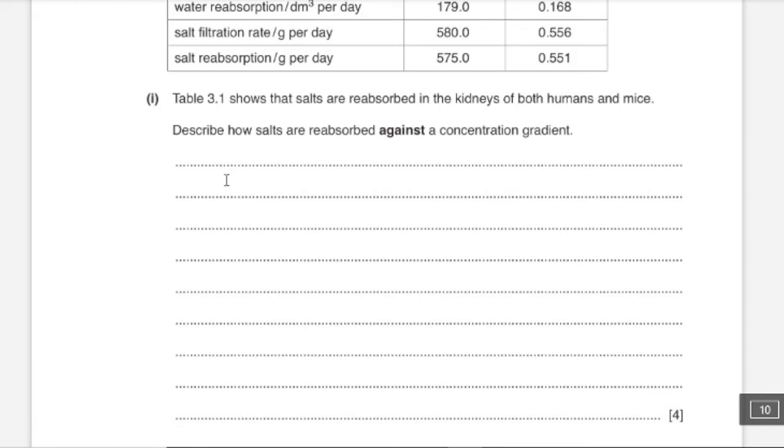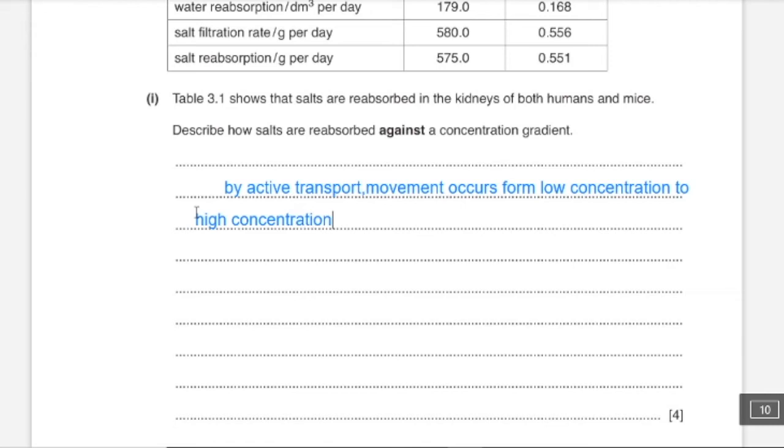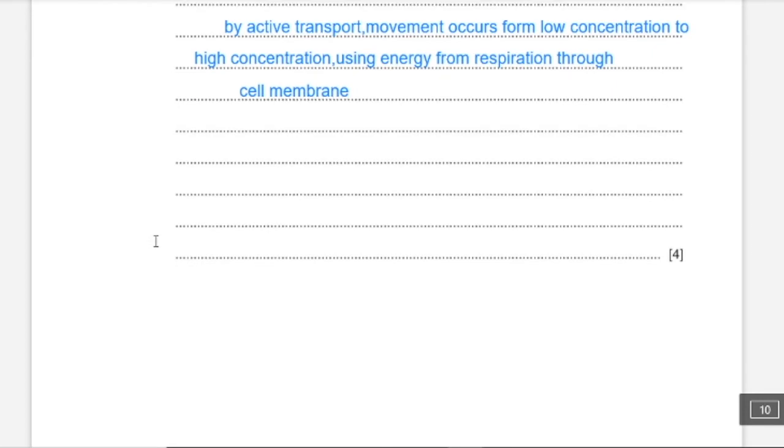But first we need to mention by active transport. Alright, so here I've written the whole definition of active transport.